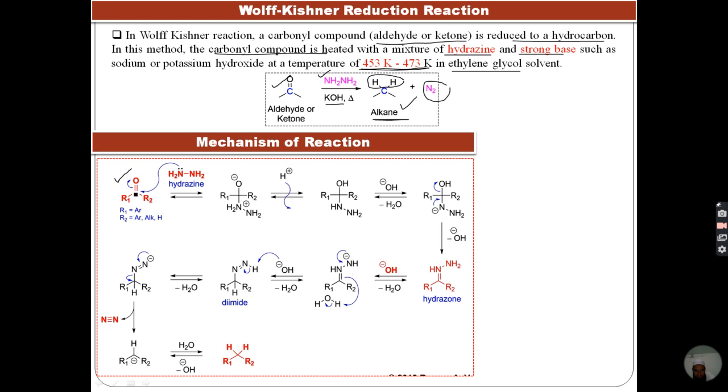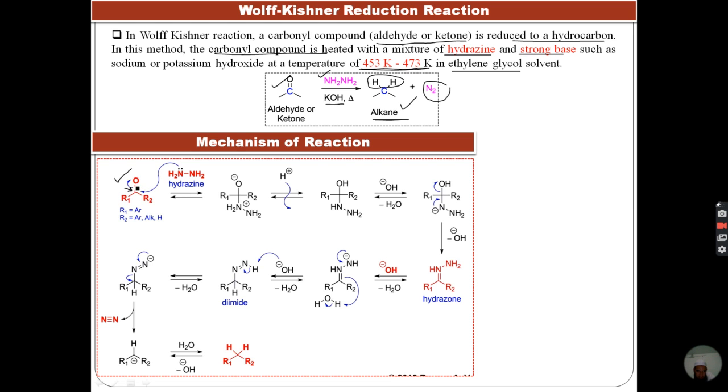This carbon has a partial positive charge. Now, we have this nucleophile present, that's hydrazine. It contains a lone pair on nitrogen. So nitrogen-containing compounds usually act as bases, Lewis bases, because they can donate that lone pair. So you can see here the attack on this carbon.